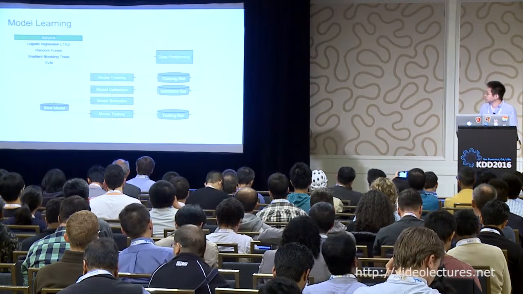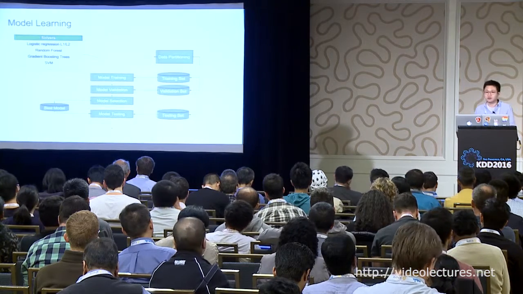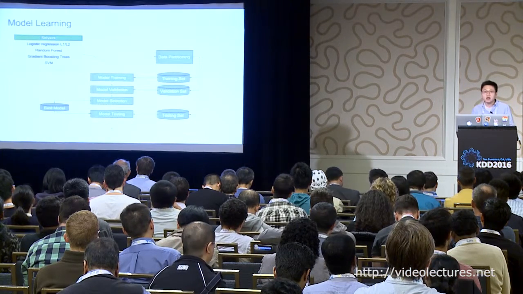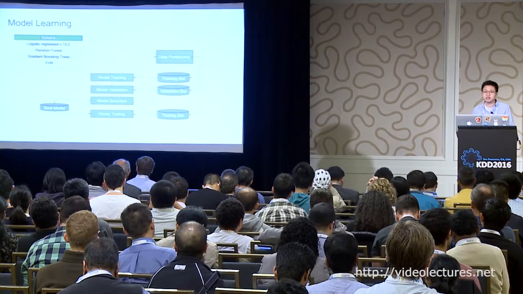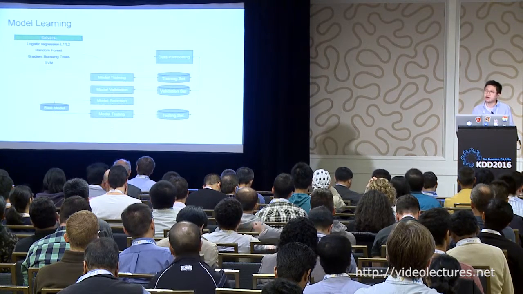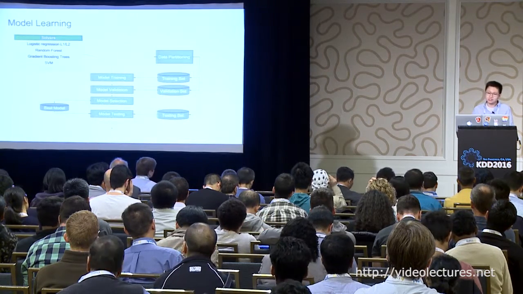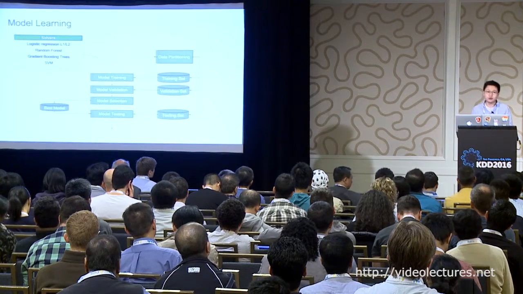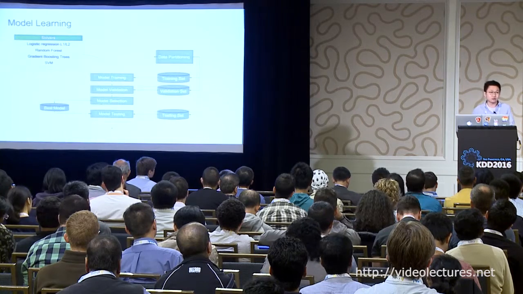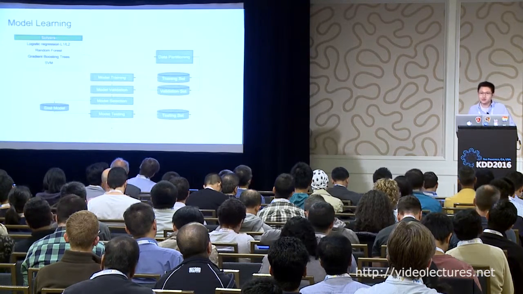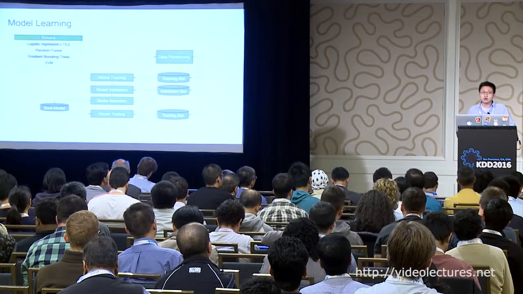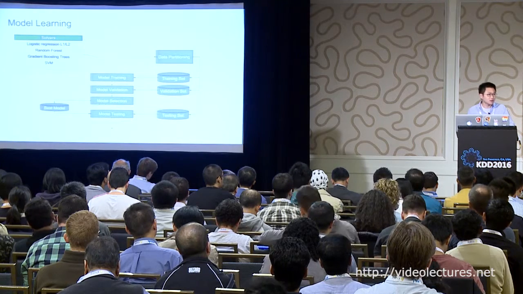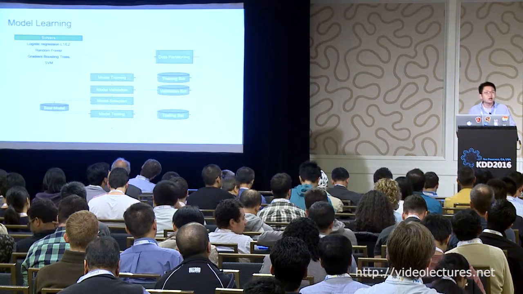And as for the solvers, there are so many different choices. Back in 2014, there was an interesting paper with the title, Do we really need hundreds of classifiers to solve real world classification problems? In that paper, the authors evaluated more than 200 classifiers on more than 100 data sets.